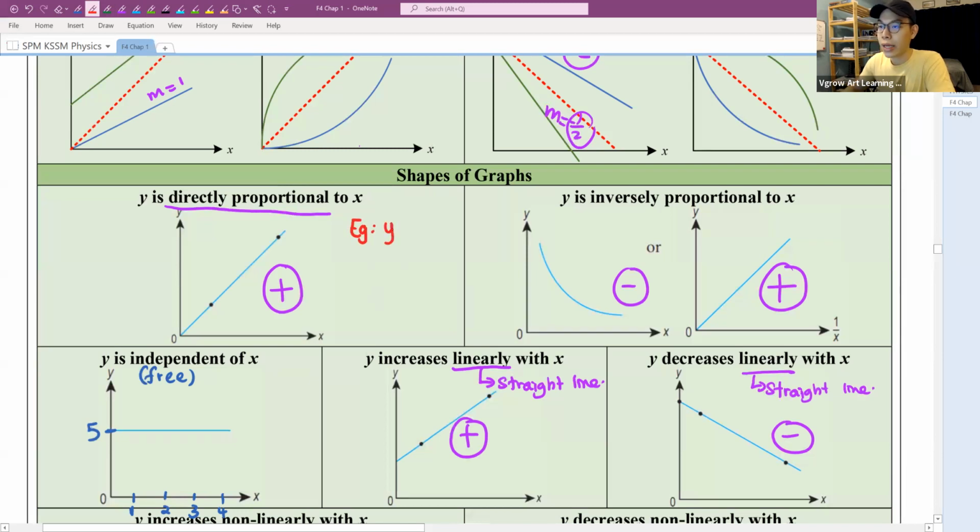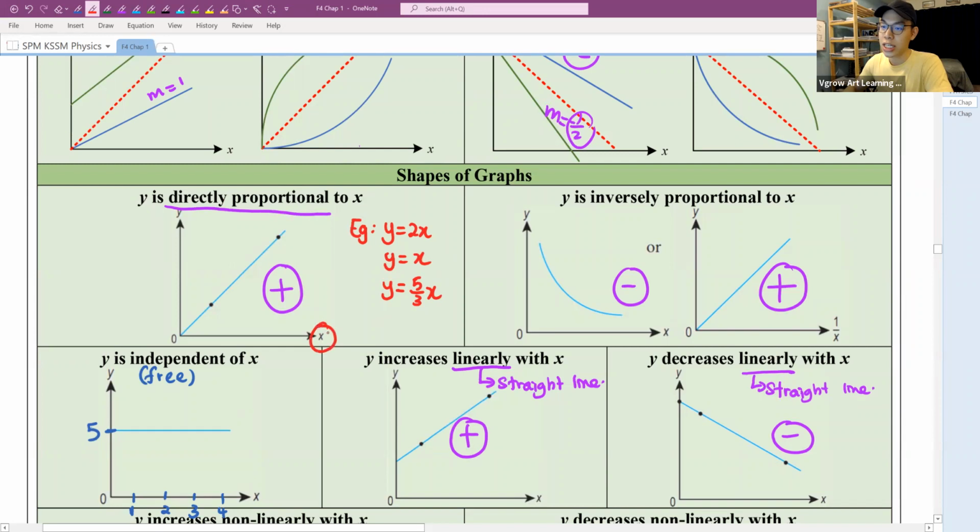For example, we have y equals to 2x, or even y equals to x, or y equals to maybe 5 over 3x. Okay, you see that if you have y and x, and then you have some number, which is the gradient, it will all look like this. So these are some examples of when it's directly proportional.